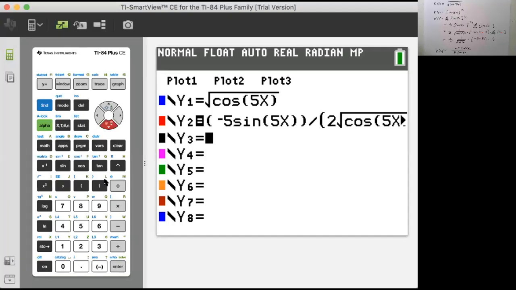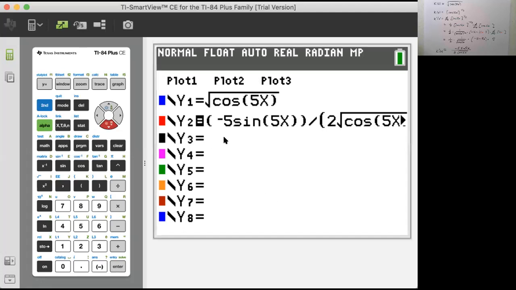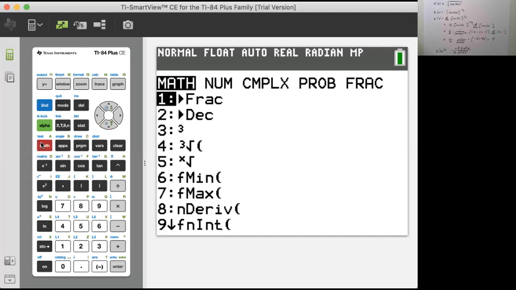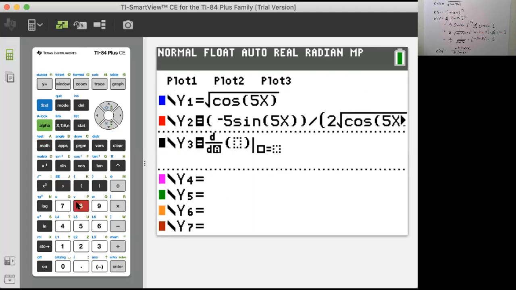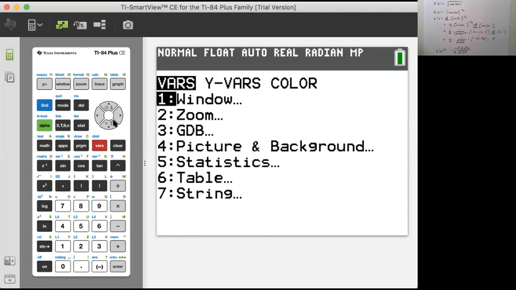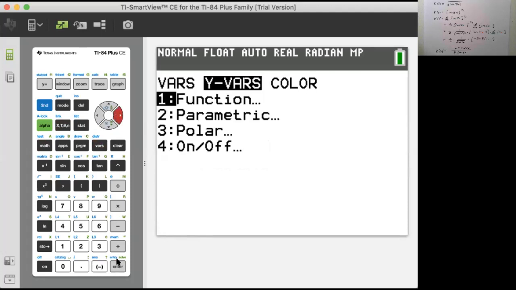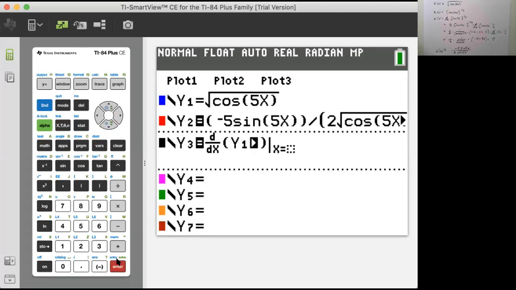So upstairs, well, that was upstairs. I haven't done the derivative. Now I'm going to take the derivative of y1 and see if it matches. So let's do it that way. Math, derivative is number 8. Derivative with respect to x of that function y1. So this time I wrote in what I thought the answer was first.